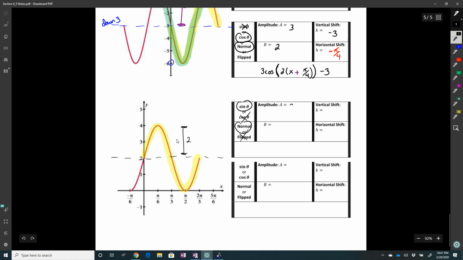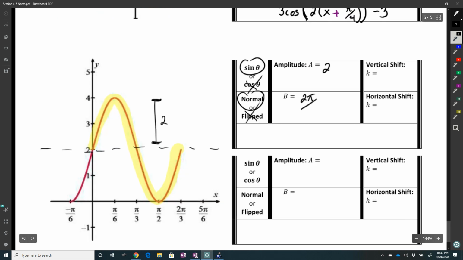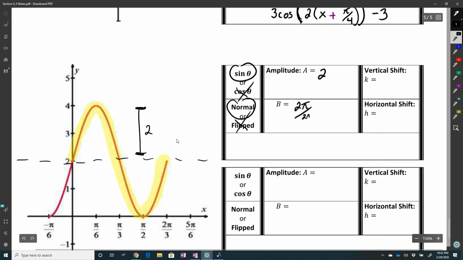So my amplitude is 2. The period is 2 pi over 3. So 2 pi divided by 2 pi over 3. If you work that out, the 2 pi's cancel, the 3 flips up to the top. That just gives you 3. The vertical shift is up 2. Horizontal shift is none. And I can write my equation.